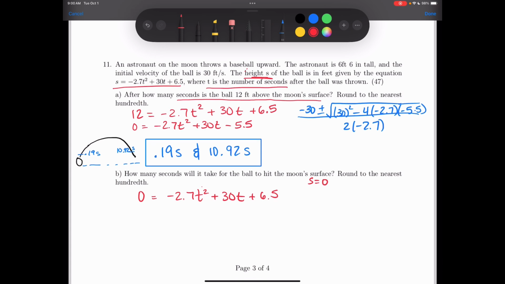Negative 30 plus or minus the square root of 30 squared minus 4 times negative 2.7 times 6.5, all over 2 times negative 2.7. This one I did not check, so I need to do this one.